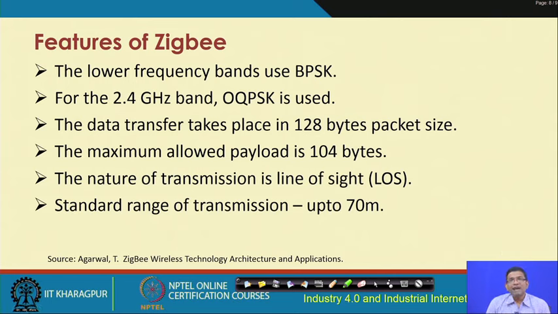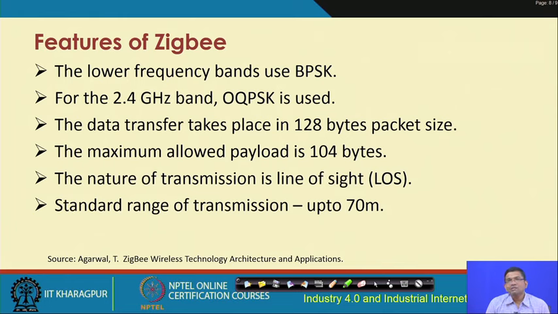The lower frequency bands in Zigbee use BPSK, and the 2.4 gigahertz band uses OQPSK, the offset QPSK. The data transfer takes place in 128 byte packets, and the maximum allowed payload is 104 bytes.